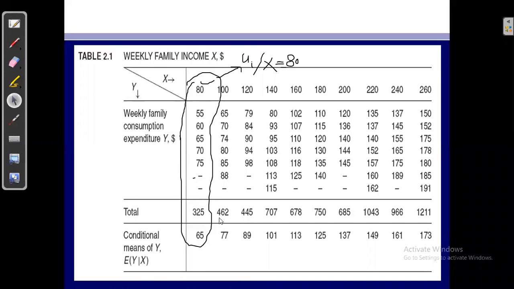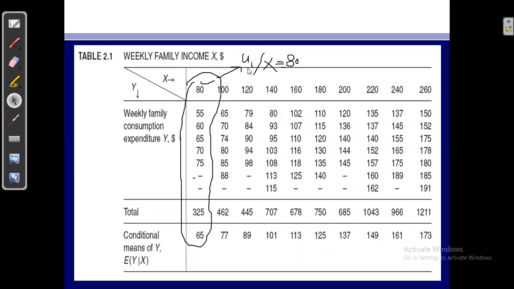So 55 minus 65, what you will get? Minus 10. 60 minus 65, you will get minus 5. 65 minus 65, you will get 0. 70 minus 65, you will get plus 5. And 75 minus 65, you will get plus 10.